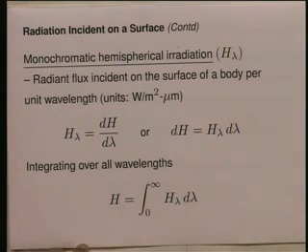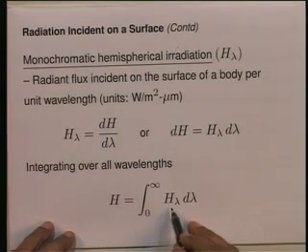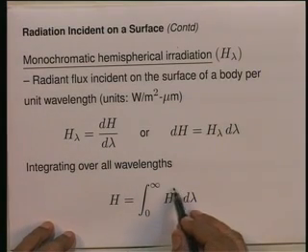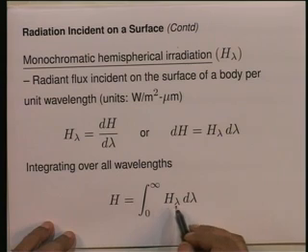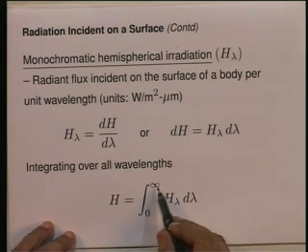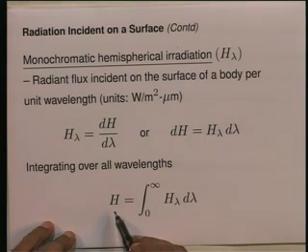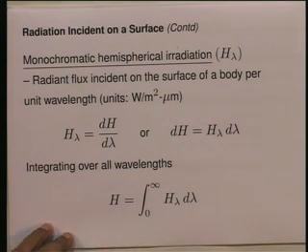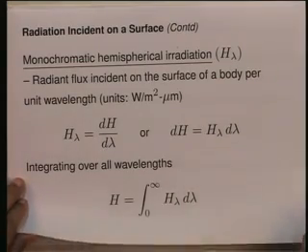Let me repeat: the monochromatic hemispherical irradiation on a surface, H_lambda, is that quantity which, when integrated over all wavelengths ranging from 0 to infinity, gives us the total hemispherical irradiation H incident on the surface. So, that is another way of looking at the quantity H_lambda. And we define the last term now.